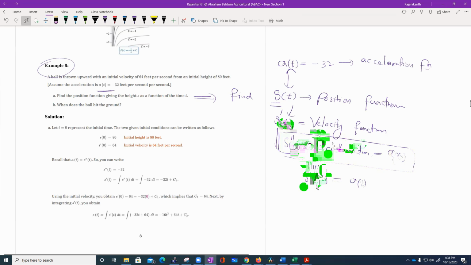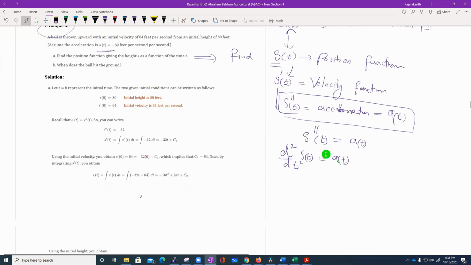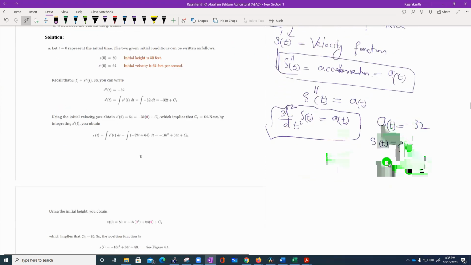What does this notation mean? This means you are taking two derivatives consecutively of the s function, right? So this is the meaning. Now what is the question? The question is you are given a(t). You know a(t), right? It is given in the problem, negative 32. The question is finding s, the position function, based on this, right? Now I'm going backwards. You know the a(t) function.